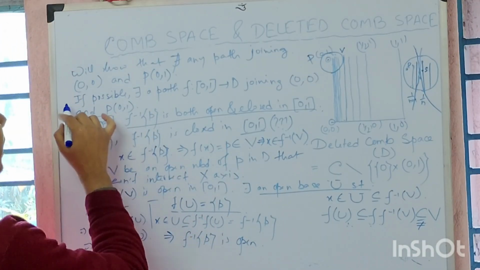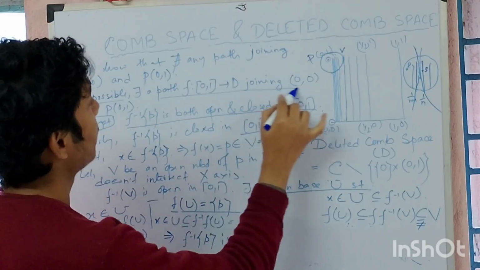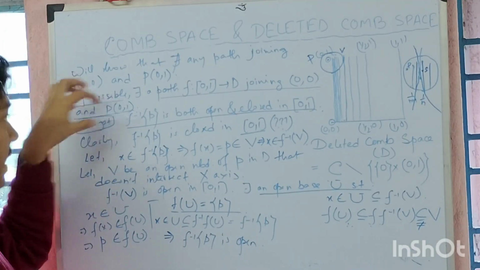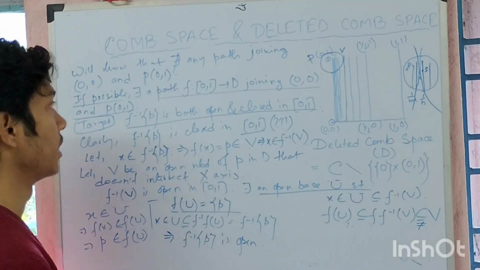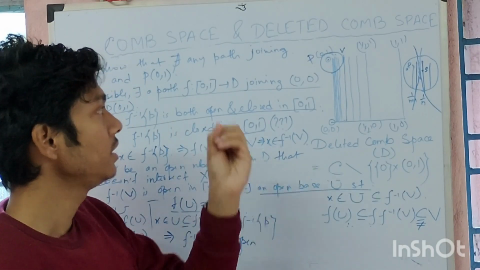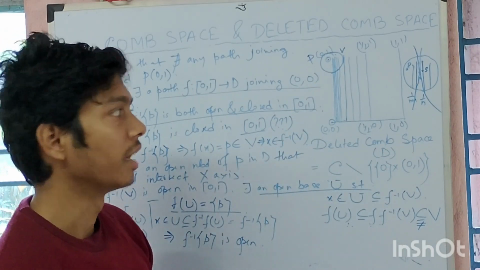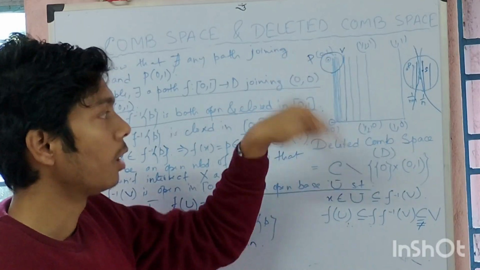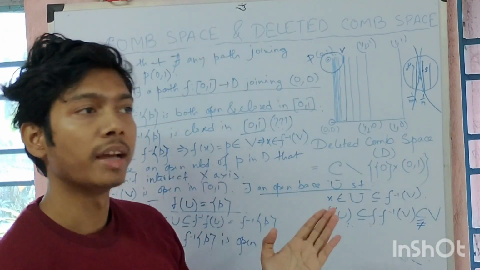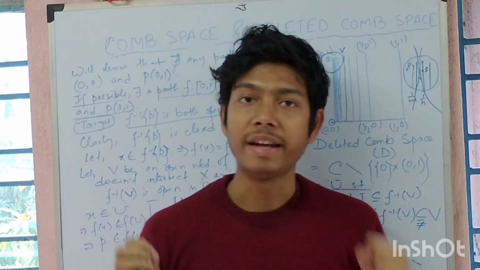Because I assumed that, if possible, there exists a path joining (0,0) and P. So this is not true. There exists no path joining P and (0,0). That's why this deleted comb space is not path connected at all. It's a very beautiful and important example.